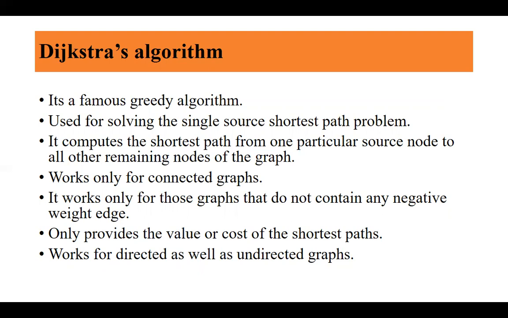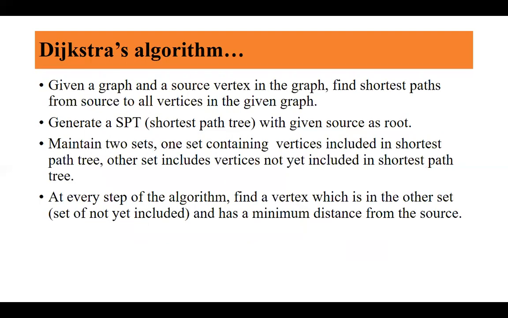Okay, now let us look at the algorithm. So what is the problem? Given a graph and a source vertex in the graph, find shortest paths from the source to all the vertices in the given graph. This is your problem statement. So from a source vertex in the graph, we are finding the shortest path to all the other vertices in the graph. What we do here is generate a shortest path tree with the given source as the root.